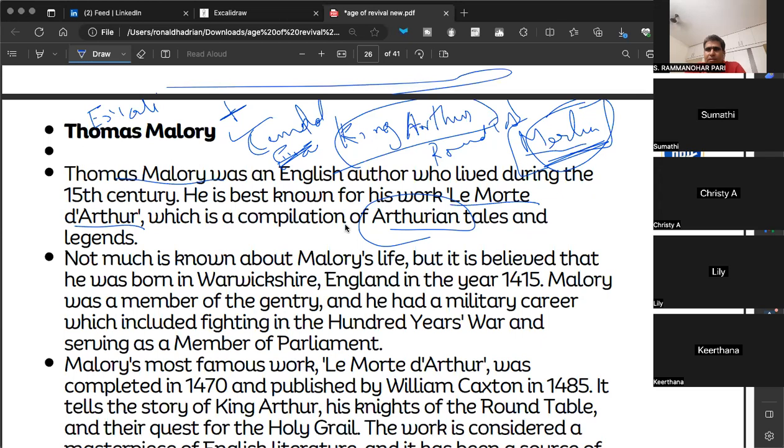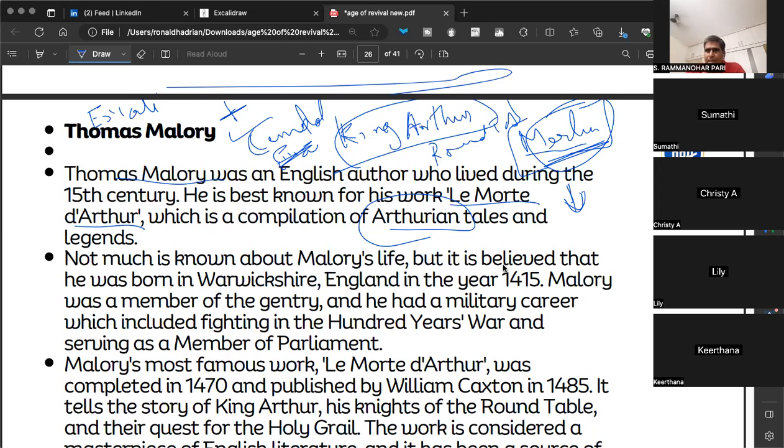And so Malory wrote this awesome work called Morte d'Arthur. Now, one more important connection with King Arthur is what? In the Victorian age, one famous poet wrote a great tale of Arthur's tale. Who? The Arthurian legend.